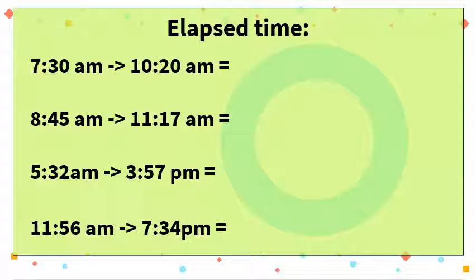What I could do is say, okay, fine, let's add 3 hours, which will get me to 10:30 a.m. And I know that 10:20 is 10 minutes less than 10:30, so I have to take away 10 minutes.